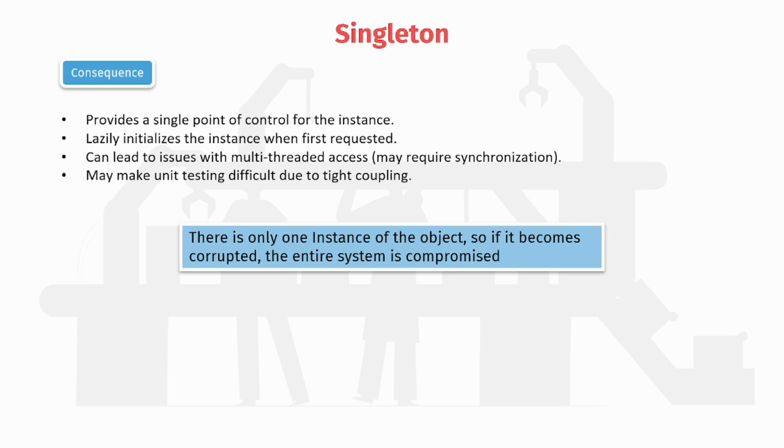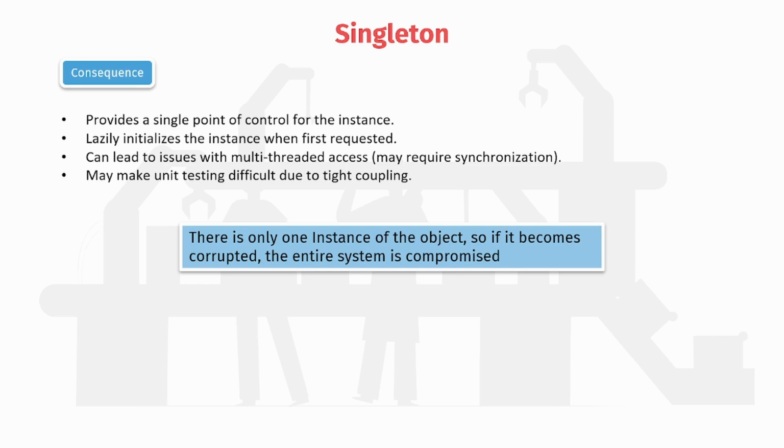The main takeaway of this singleton is that now there's only one instance of the object. So if it becomes corrupted, the entire system is sometimes compromised, right? Since you only have one object, due to some other issue, maybe a hardware issue or a memory problem in the computer or the system that you are running this program on, this instance might get corrupted.